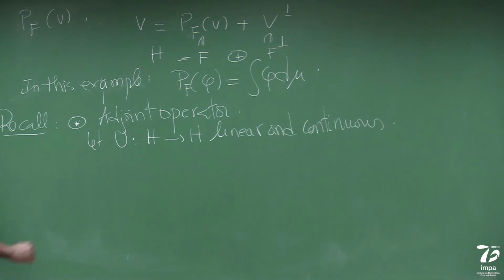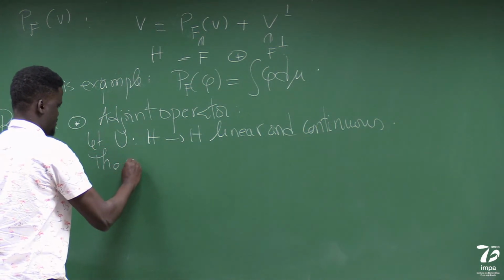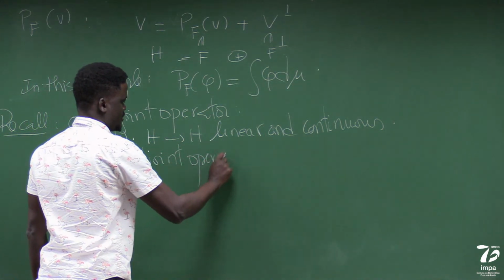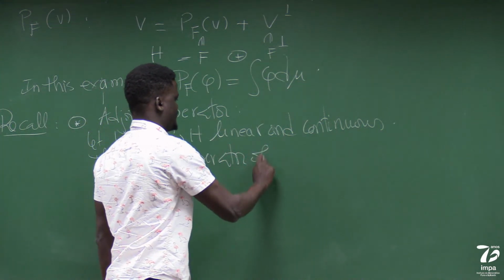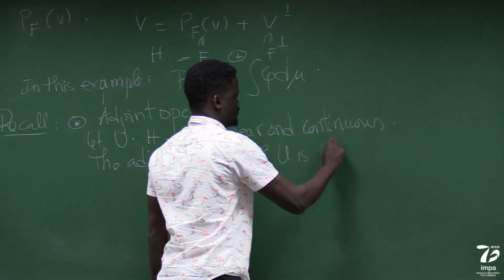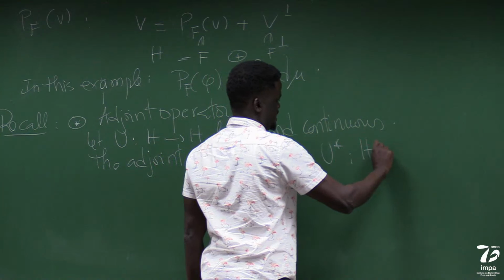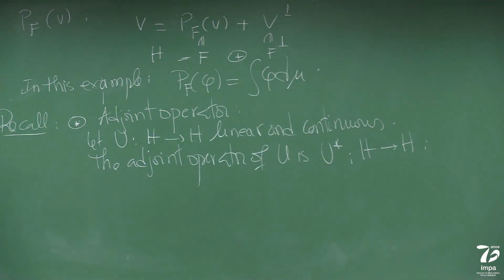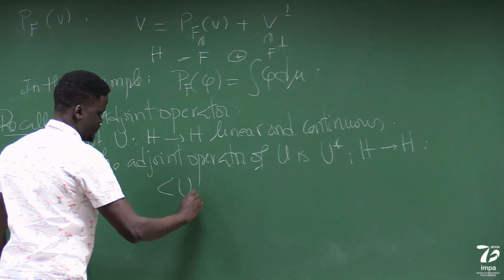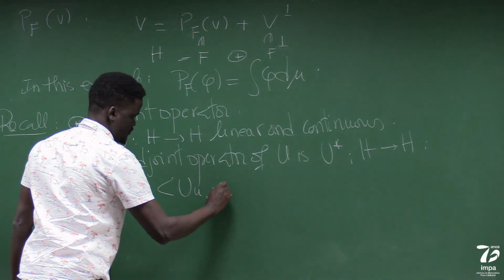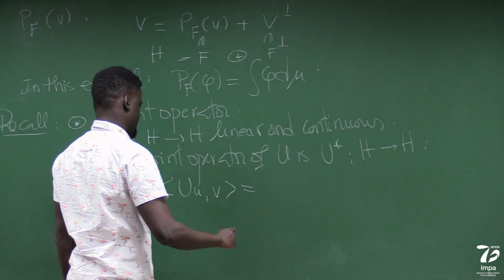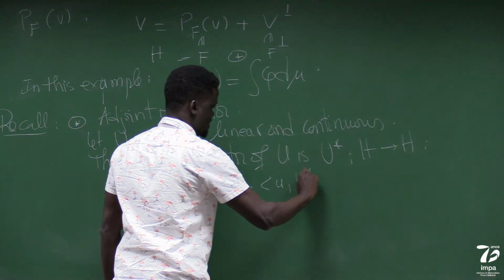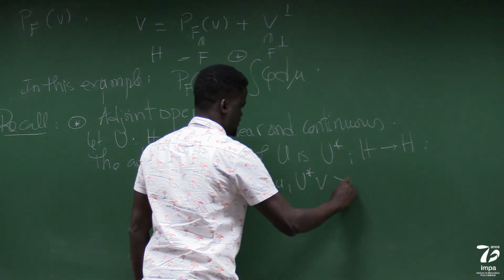The adjoint operator of U is U star, from H to H, and this is defined by the inner product of U u, v equals the inner product of u, U star v.